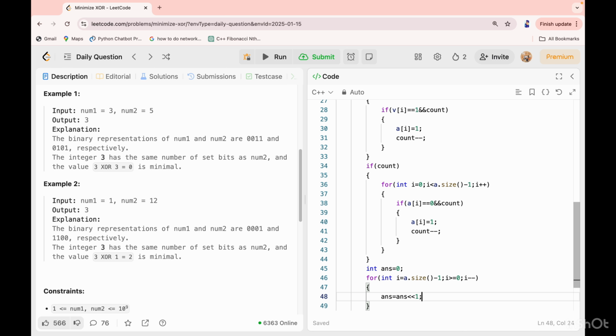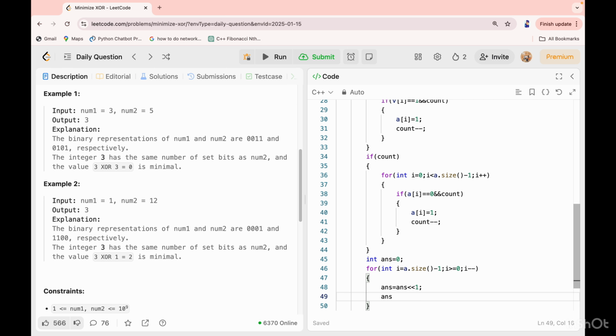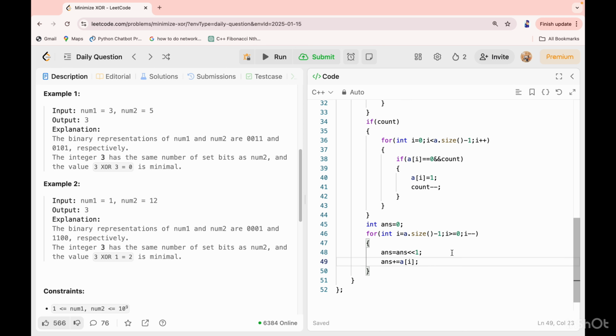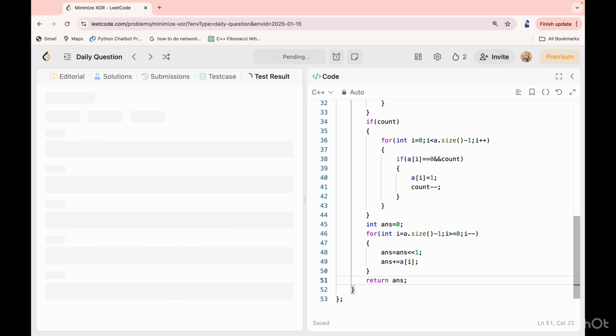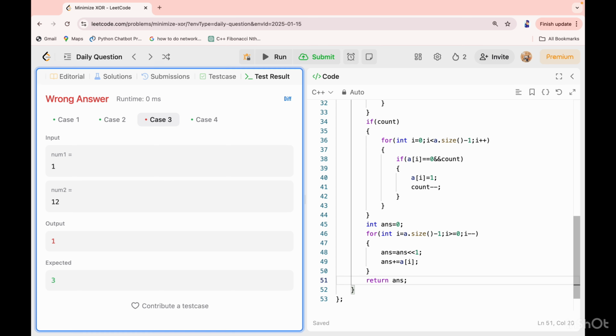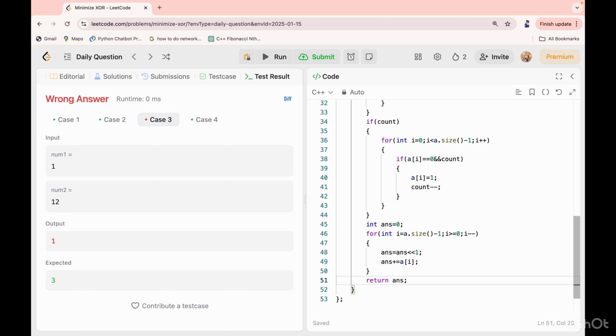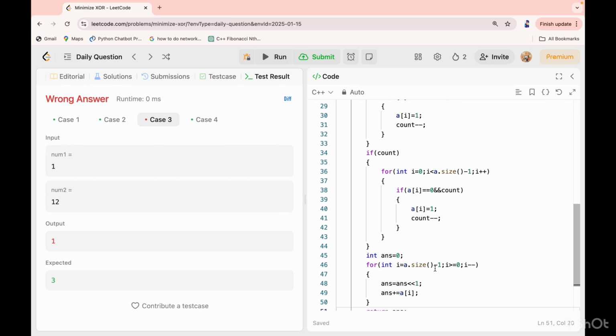And then we will add that value of the index and return our answer. We can submit it and check if the value is correct or not. Some errors are coming.